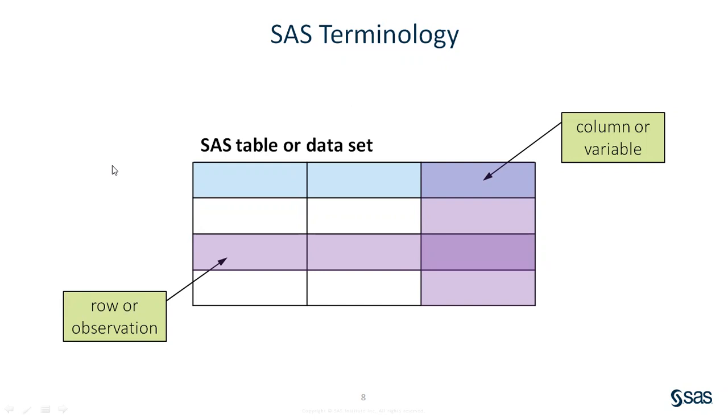When we say how many variables we have, it's a term describing columns. You should be very familiar with this terminology: in a SAS data set, columns are termed variables, whereas rows are termed observations. All right.